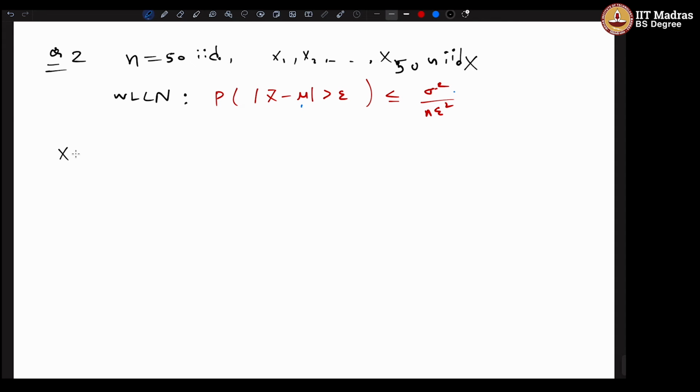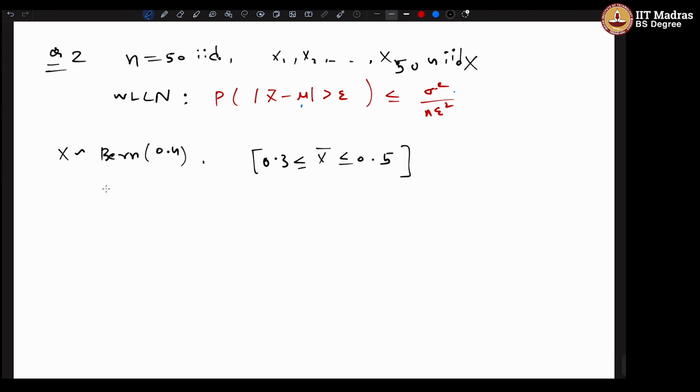This time we have our x as Bernoulli 0.4, and we need to find the probability that my x bar is in the range of 0.3 to 0.5. So we need to use the weak law of large numbers to verify whether this is true or not.